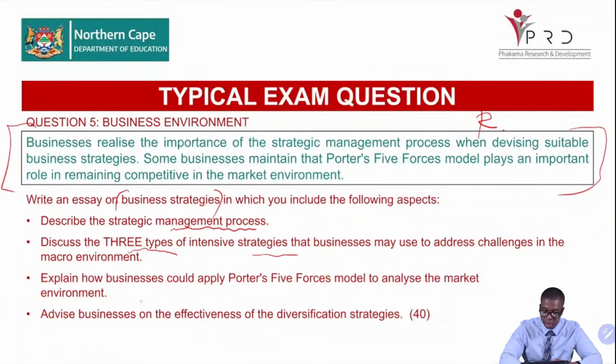Then you explain the types of intensive strategies and also explain how the business could apply Porter's 5 forces model to analyze the market environment. Then you advise businesses on the effectiveness of the diversification strategy, for 30 marks.